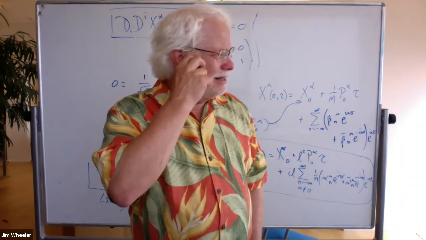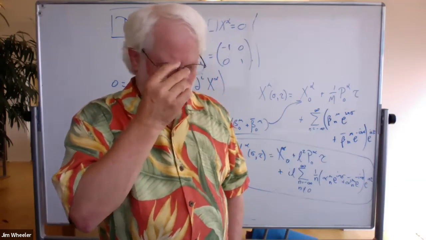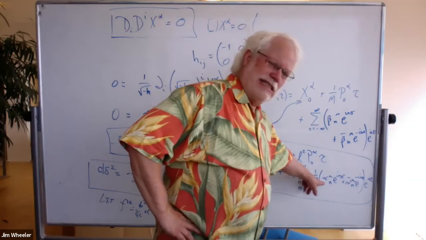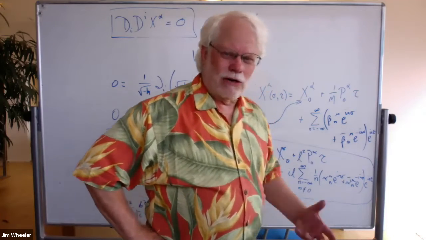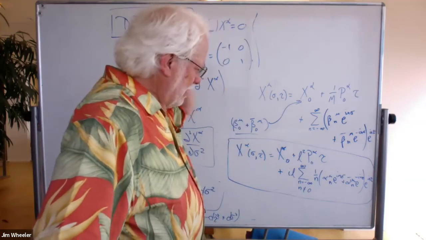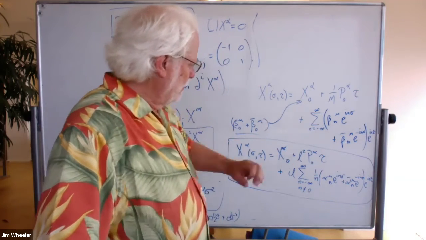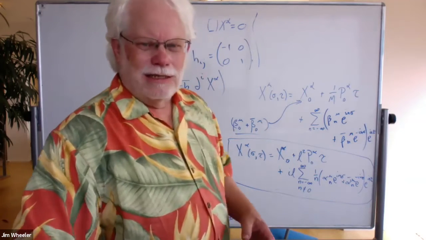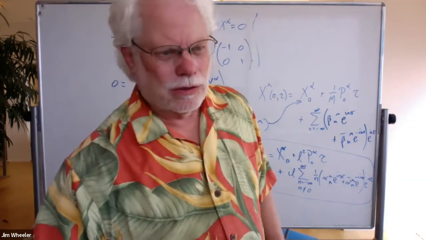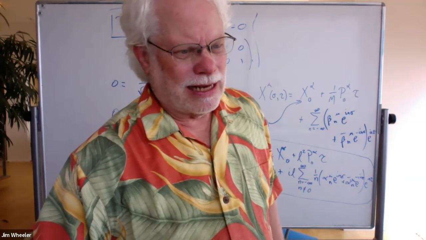And those end up being basically a condition on the norm of all these modes. There's some squared norm of those that will basically give a constant. It's more or less a normalization condition, and we'll encounter that later.